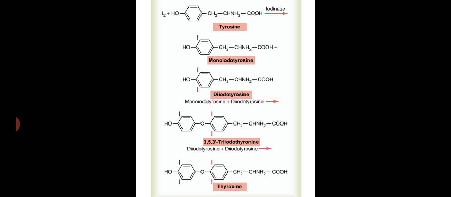Then these iodotyrosine residues become coupled with one another to form T4 and T3. All these remain part of the thyroglobulin molecule, that is MIT, DIT, T4 and T3. And finally, a thyroglobulin molecule contains up to 30 T4 molecules, that is thyroxine molecules, and a few triiodothyronine molecules.